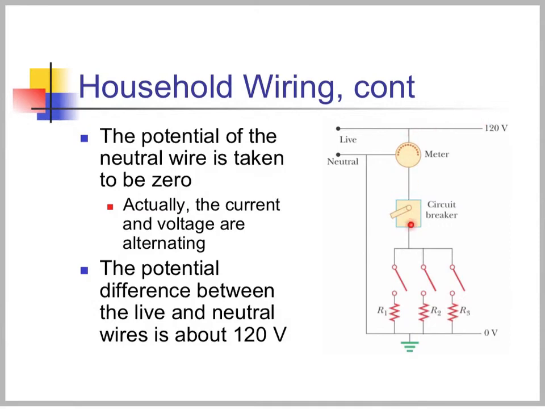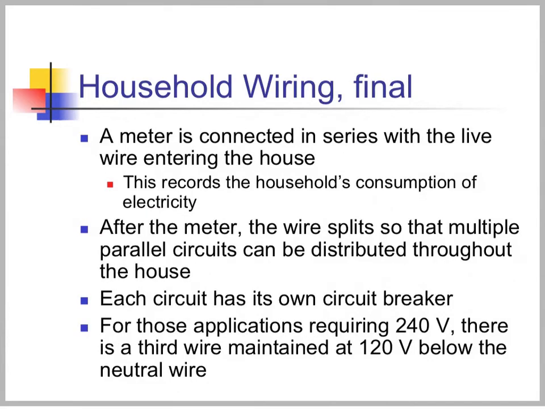And so the current flows from the live wire through this back along the neutral wire. So that meter is connected in series with the live wire entering the house. It records your consumption of electricity. After the meter, it splits into multiple parallel circuits that you can distribute throughout the whole house, that each one has its own circuit breaker.